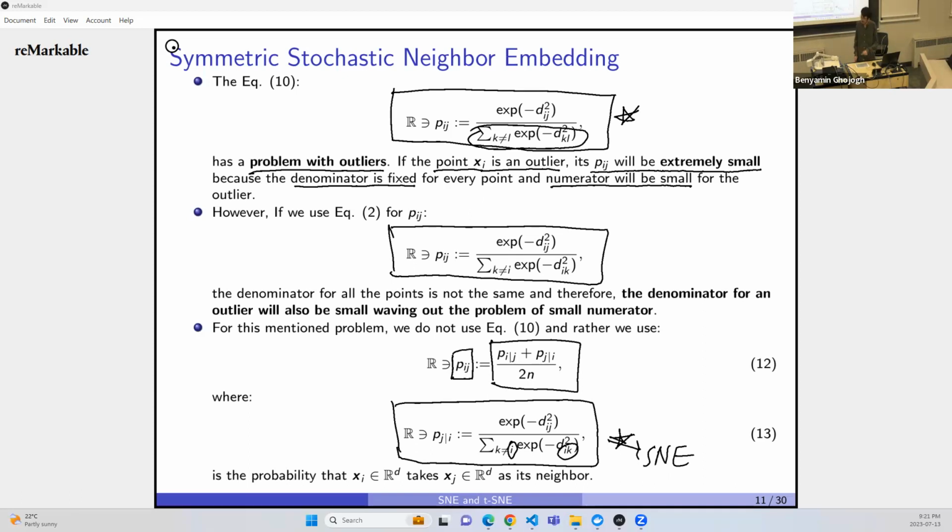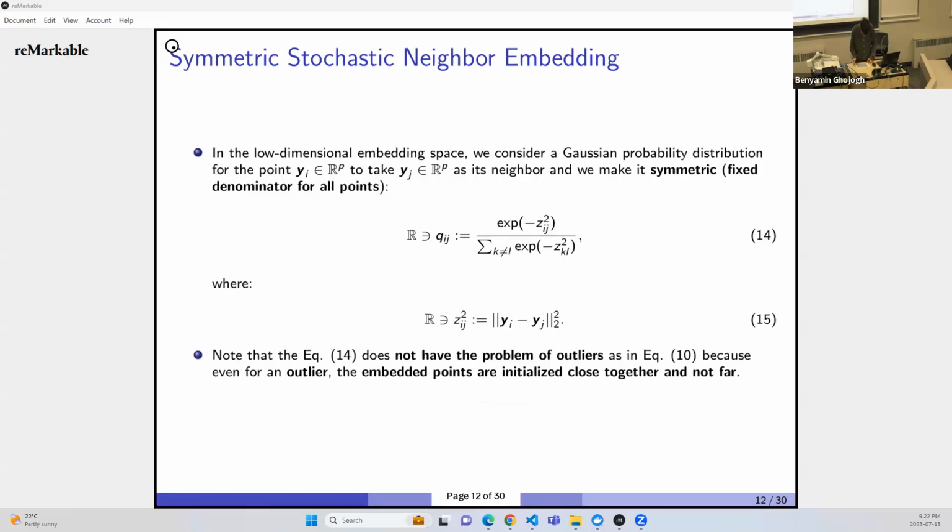Okay, so this is the second variant for symmetric SNE, and it works well. Also, it works well for outliers. So they use this equation 12. So also in the embedding space, we use this first variant.